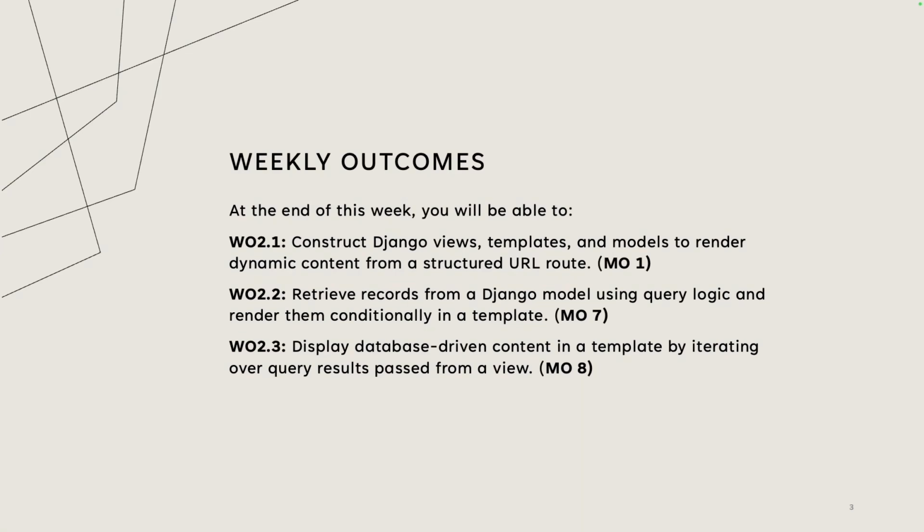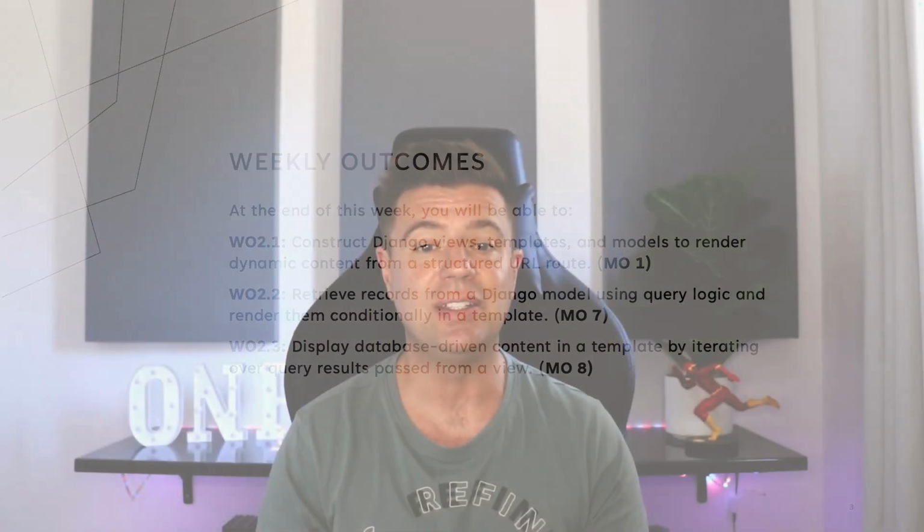At the end of this week, you will be able to construct Django views, templates, and models to render dynamic content from a structured URL route. This basically means that you'll be able to use even more techniques to construct dynamic pages. You will retrieve records from a Django model using query logic and render them conditionally in a template, which means that you'll focus on using query language to filter and construct the content on pages.